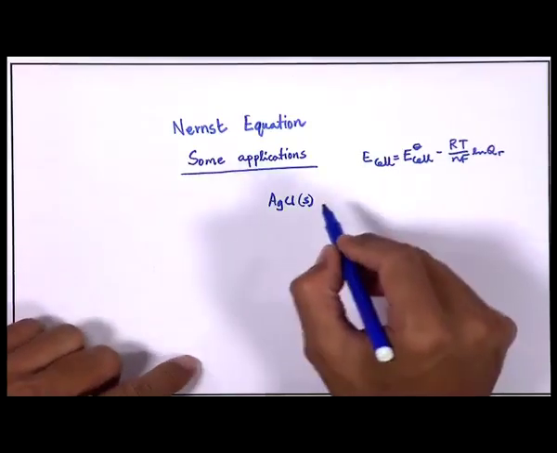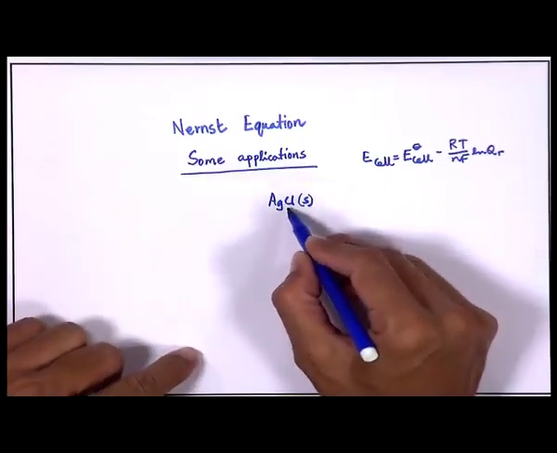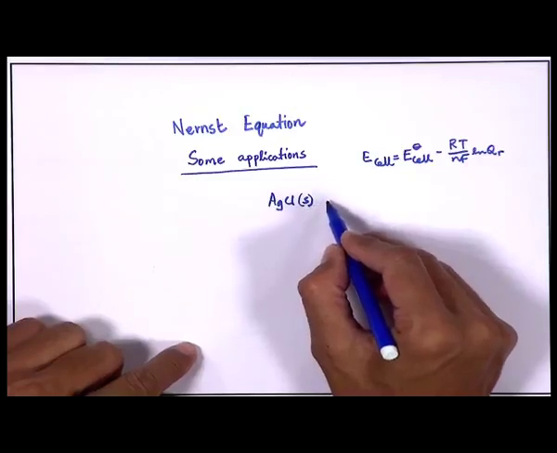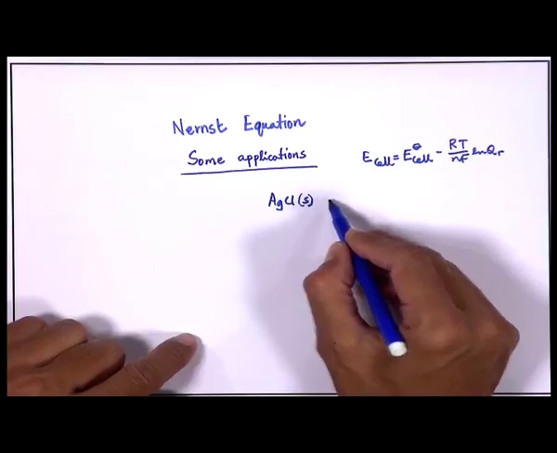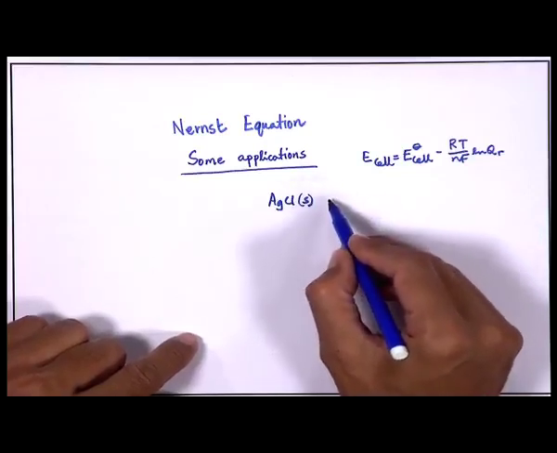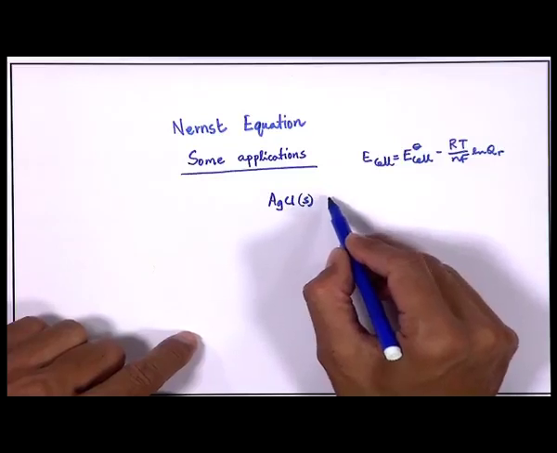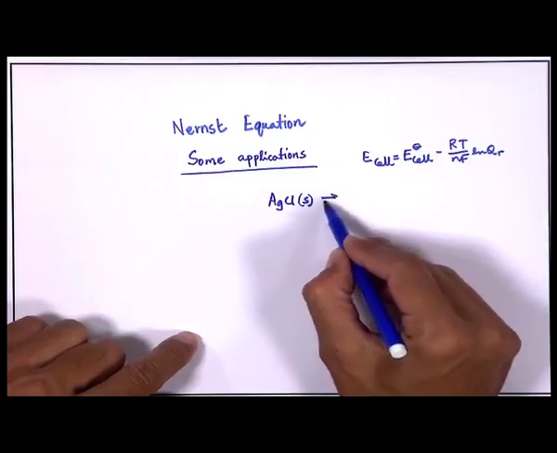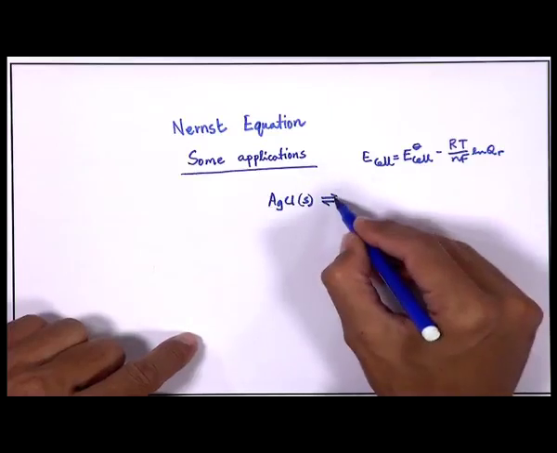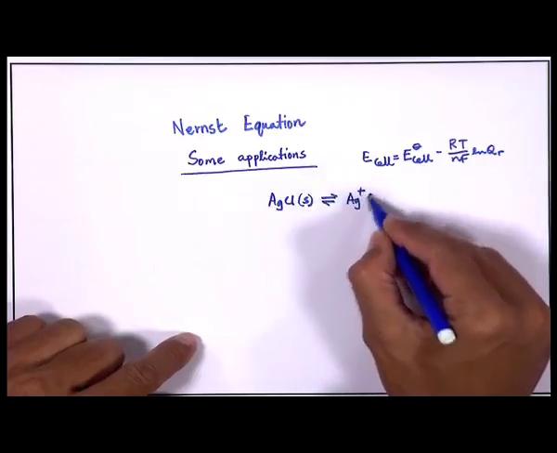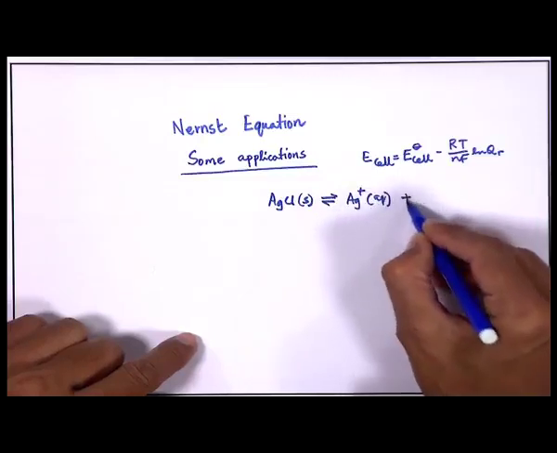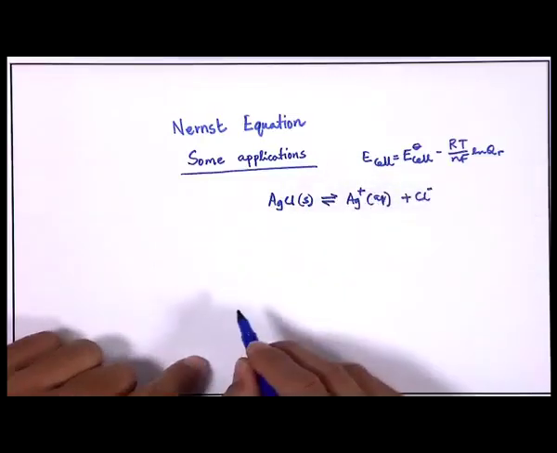So, when you add silver chloride crystals in water, it produces a saturated solution of silver chloride, where whatever amount of silver chloride goes into solution does so through the equilibrium AgCl giving Ag plus and Cl minus.